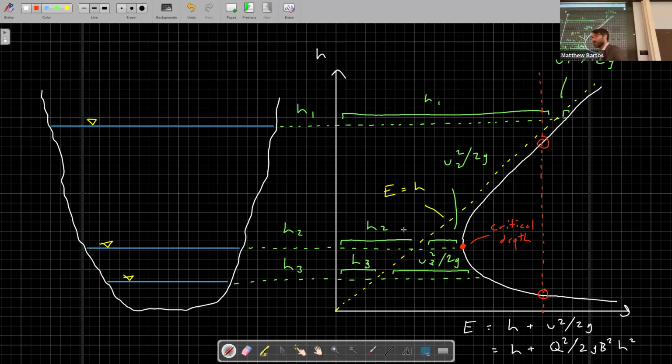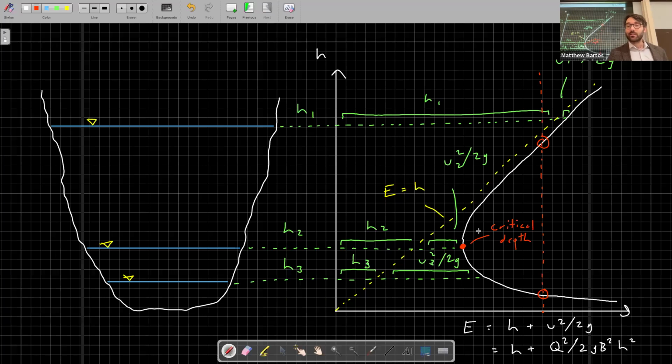All right, so we'll talk about the critical depth and what it means, but at every point other than the critical depth, for a given specific energy, the water can be traveling at two different depths. So the critical depth delineates the two flow regimes that are possible.